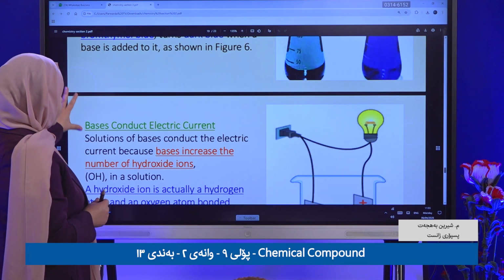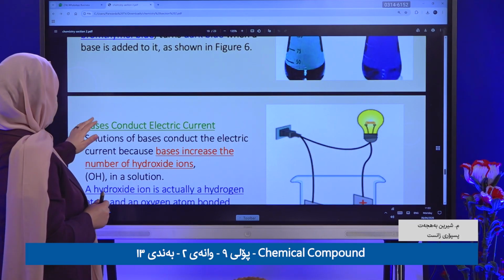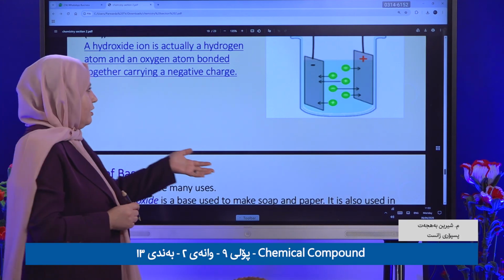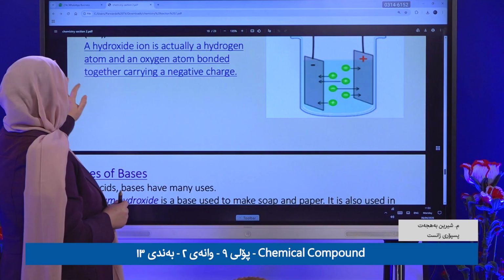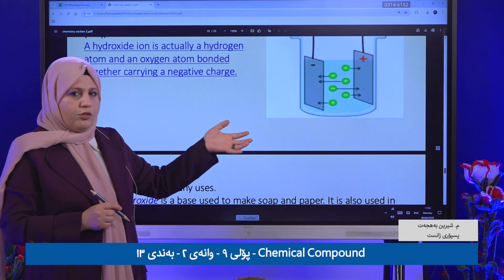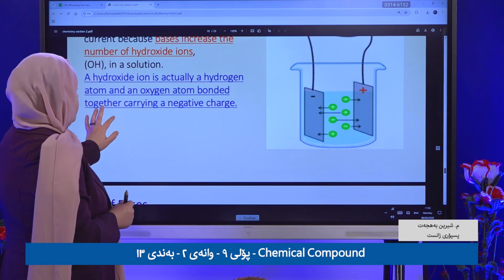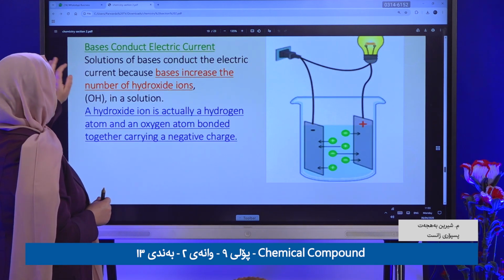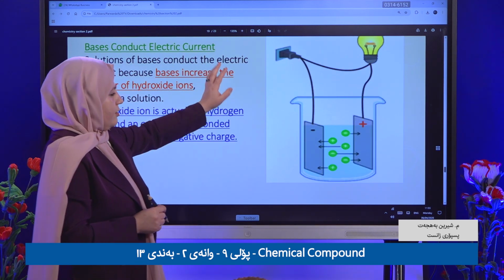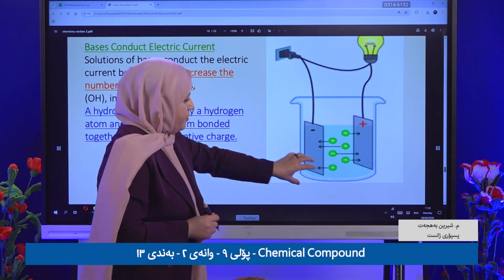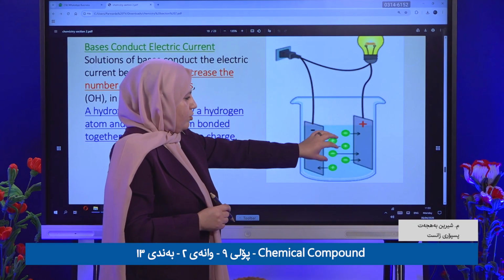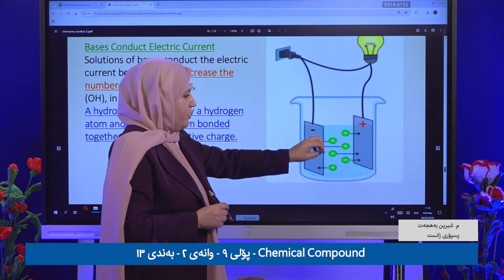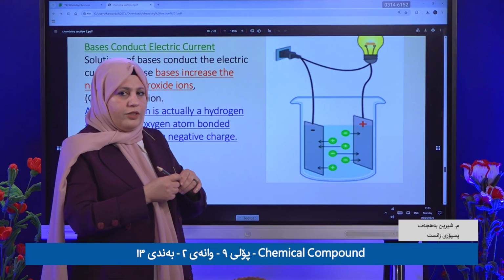We have another important thing: a base is like an acid. They form an ionic solution. When they form an ionic solution, that means they conduct electrical current. For example, this beaker contains a solution which is a combination of base and water.